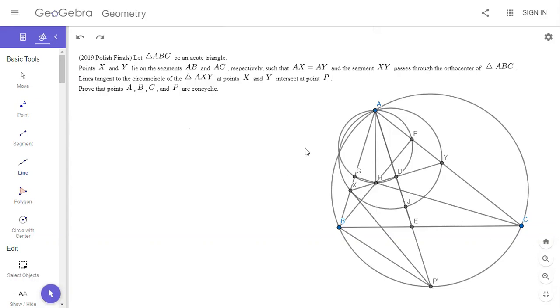We want to show that CH and PX concur on the circle. If I can show that, I think I've solved the problem. I wonder if that's obvious somehow.